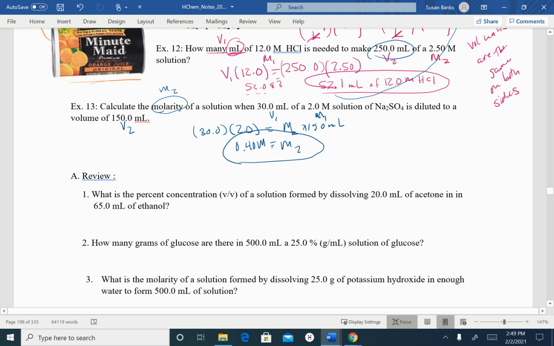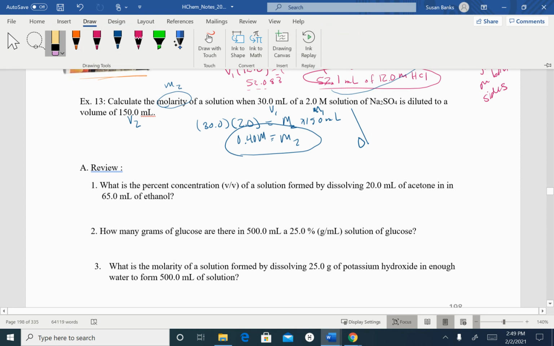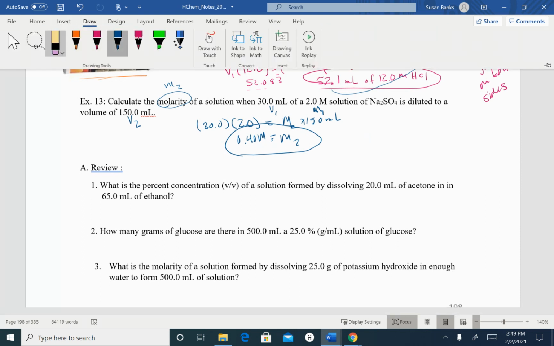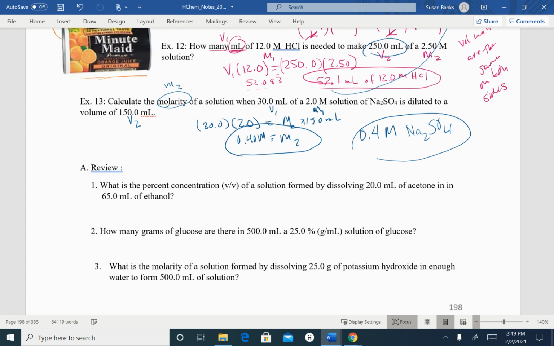We will have a 0.4 molar solution of sodium sulfate for our dilution. Okay, review.